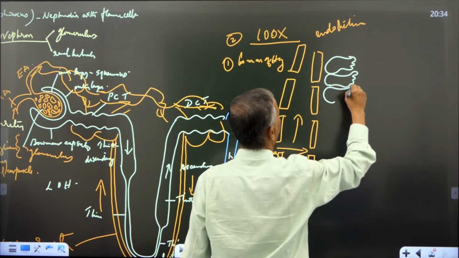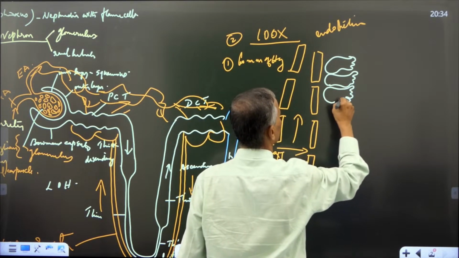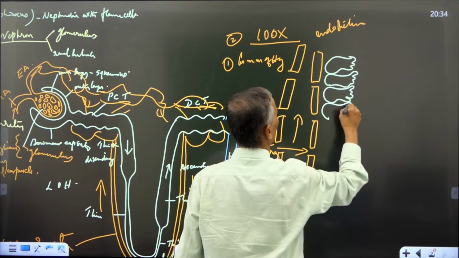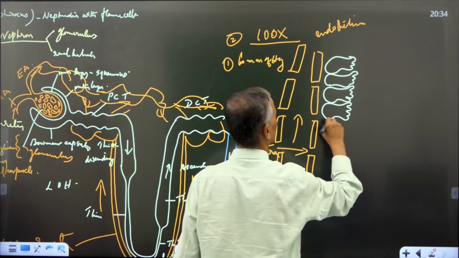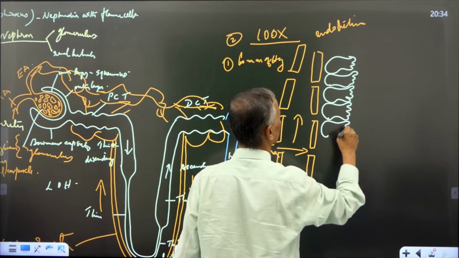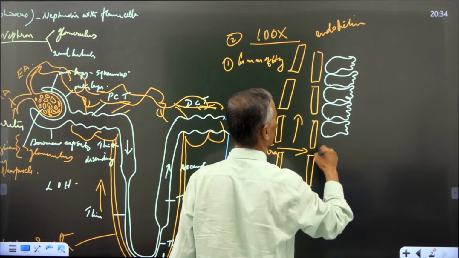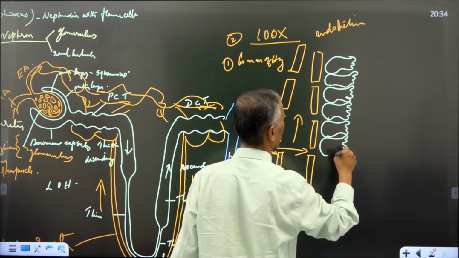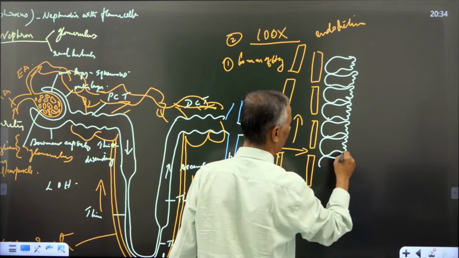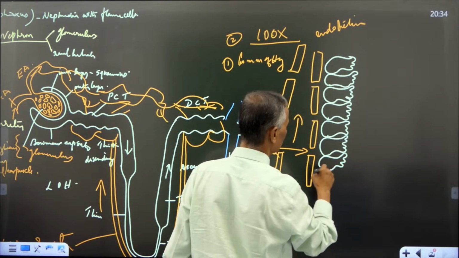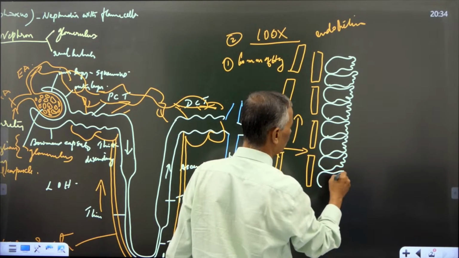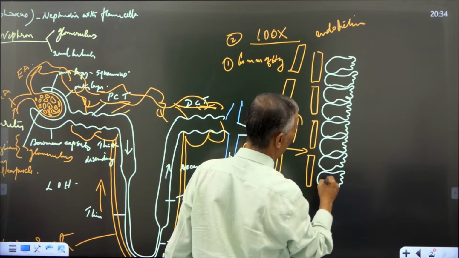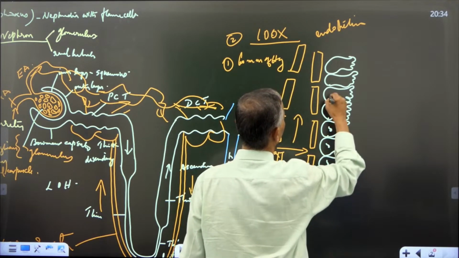So they are called podocytes. These cells have the shape of our foot. So it's called podocytes.